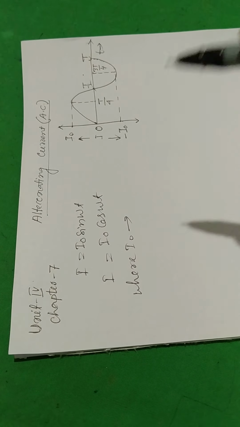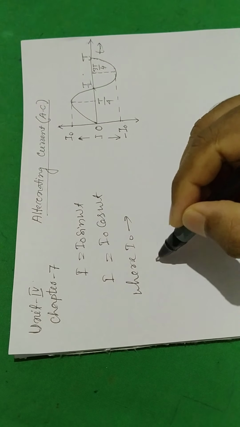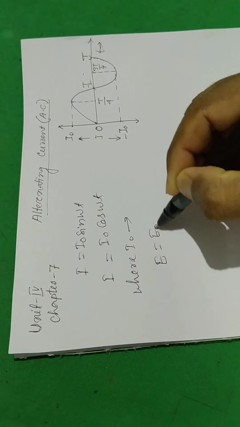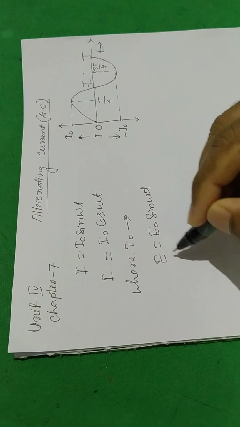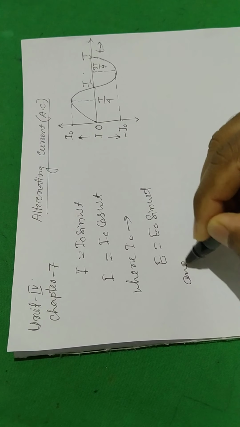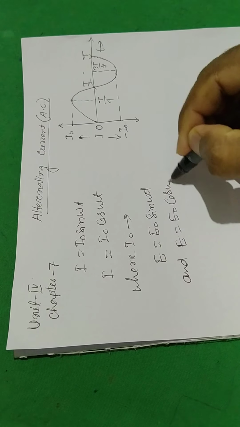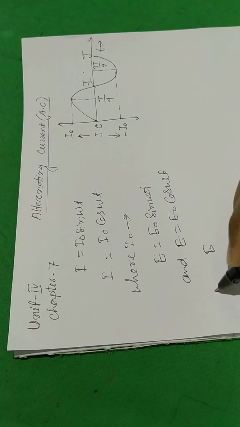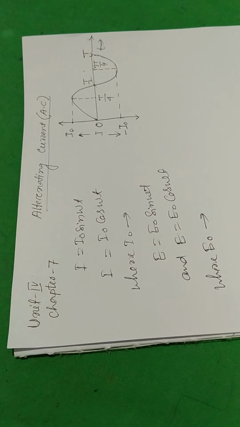The instantaneous value of alternating EMF is given by E equal to E naught sine of omega t, and we can write E equal to E naught cos of omega t, where E naught is the peak value or maximum value or amplitude of alternating voltage.